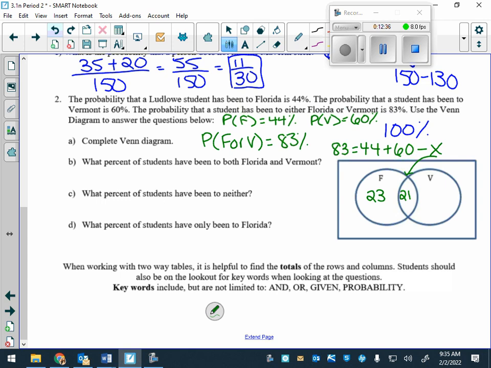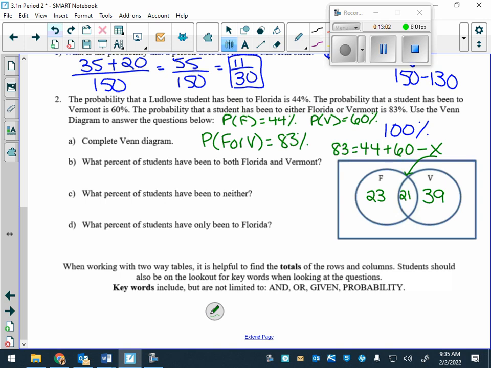Keaton? 39. Now, when I add this up, should I get 83? Well, when I add these guys together, we already know what the OR is. So should I get 83?